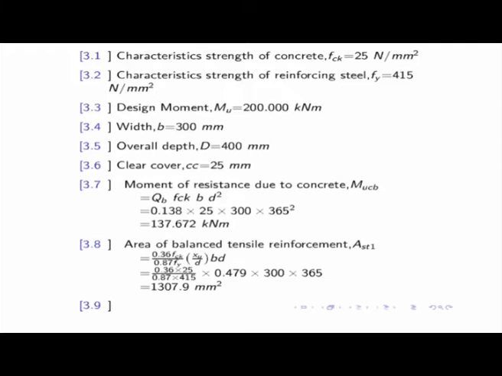Since the strains are different at the two levels, in the tensile case the strain for Fe 415 is 0.0038, which will give you the corresponding stress of 0.87 fy. But in the compressive side, it will be a little below the top face of the concrete, where we have 0.0035. So below that, it is 0.0029 in this case.